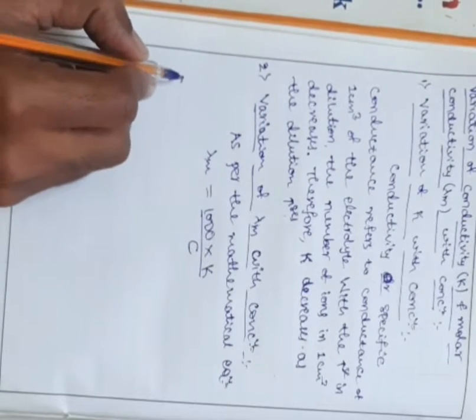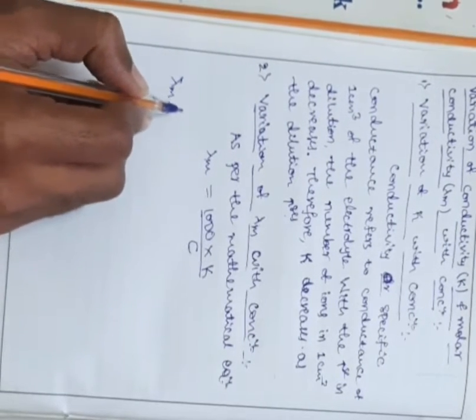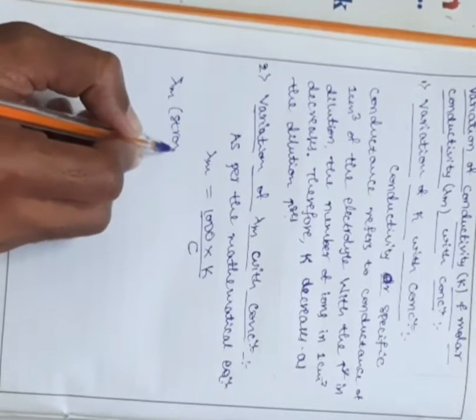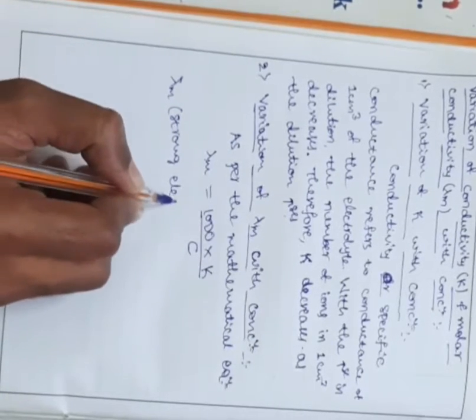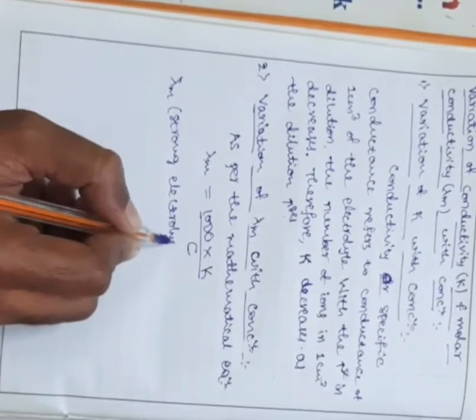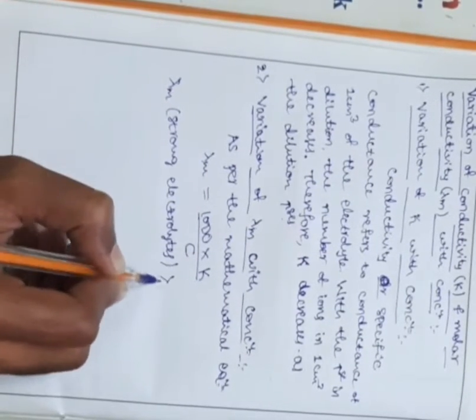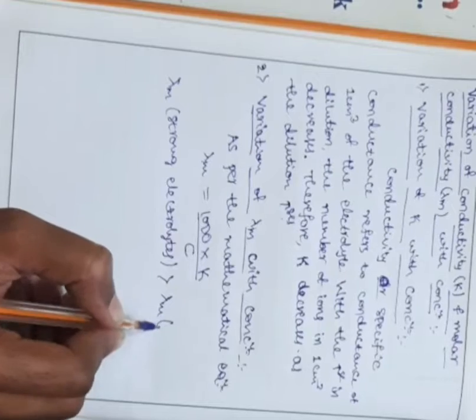Usually lambda m for strong electrolytes is always greater than lambda m for weak electrolytes.